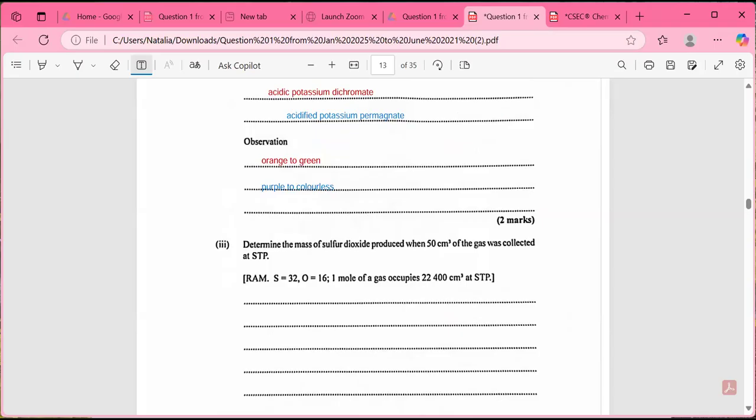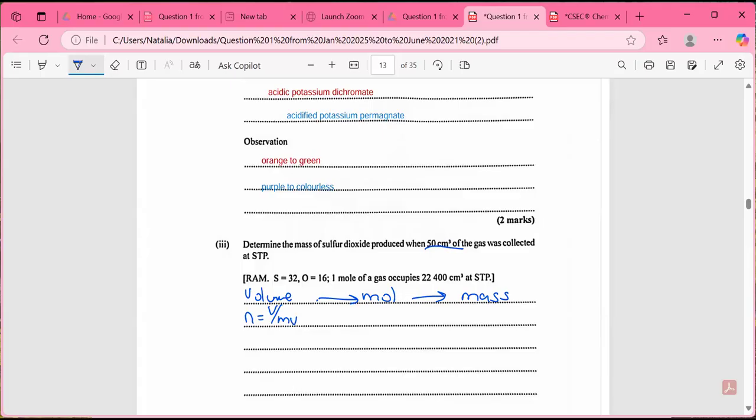Determine the mass of sulfur dioxide produced when 50 grams of gas was collected at RTP. So we want to calculate the mass, so we can move from volume to mole, and then from mole to mass. Clear? So from volume to mole, number of moles is equal to volume over molar volume.